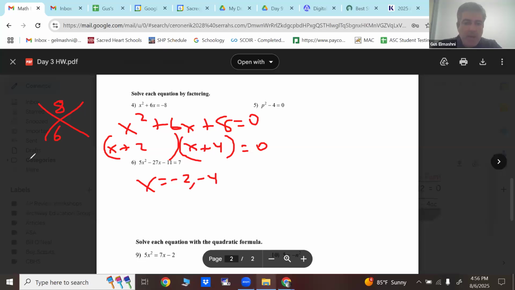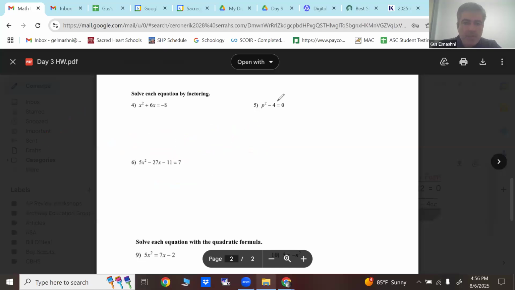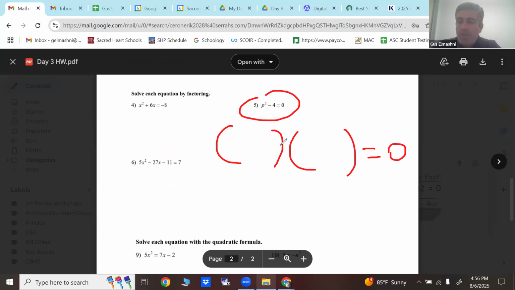So let's now try this one here. That's called difference of two squares. If you want, you could think of it like this: p squared plus 0p minus 4. So you can put -4 up top and 0 down below.